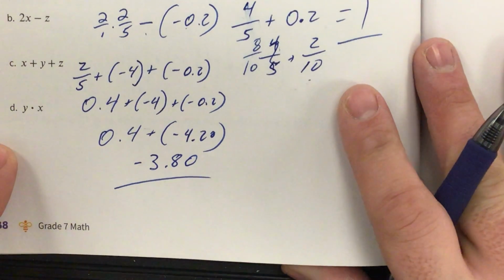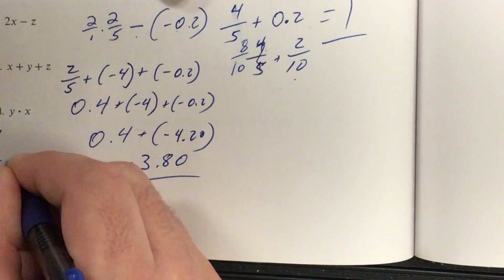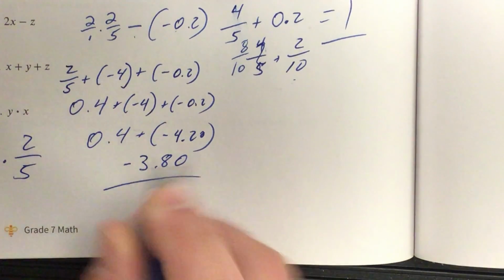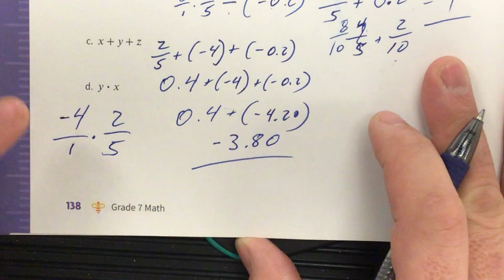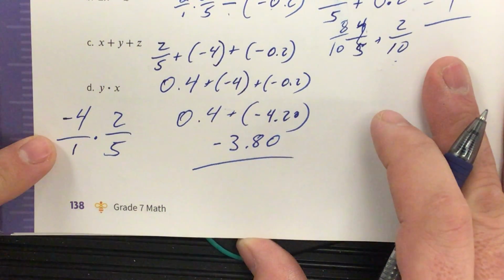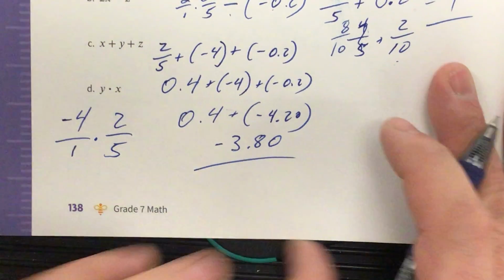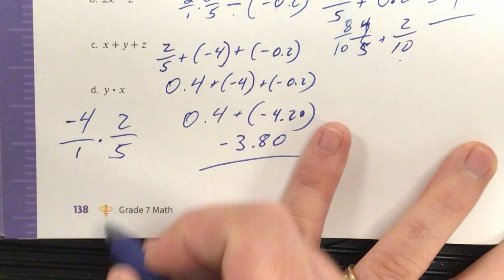And the last one, multiplying y times x. So y is -4 times 2/5. Cross cancel anything there? No. So what's my answer going to be? Corbin? Top times top?